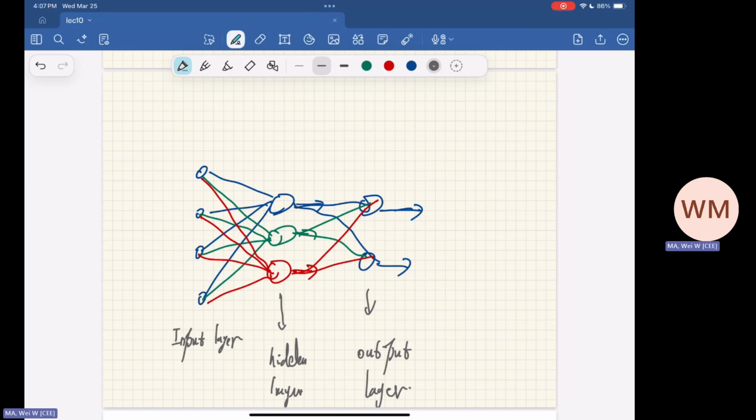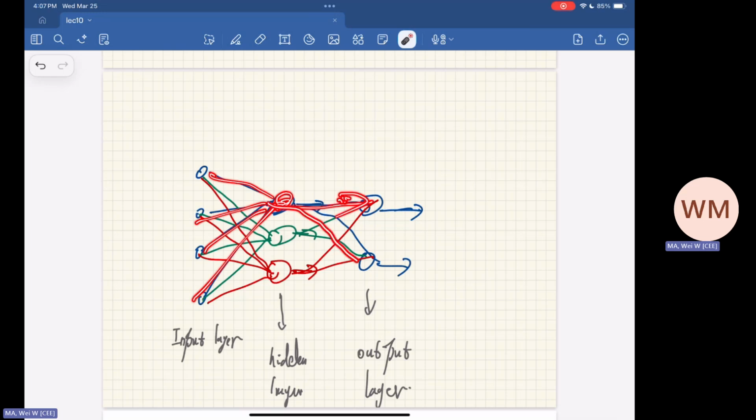Okay, so how many neurons do we have in this figure? Basically, we have 5 neurons, right? So here you can count 1, 2, 3. Each of the neurons has 3 inputs. This neuron has 4 inputs, 1 output. Okay, so this one output is duplicated and given to two different neurons. So this output goes to two locations.